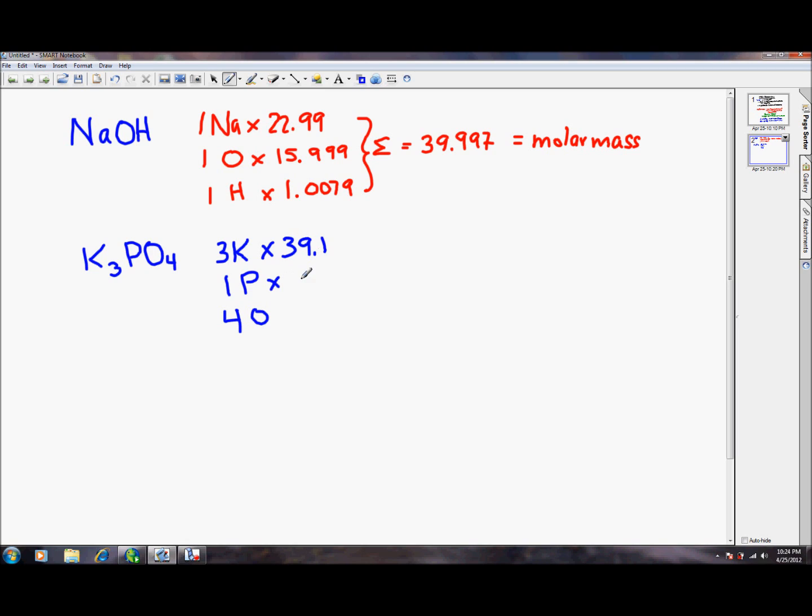P is 30.97 approximately. And O is 15.999. I'll reiterate again that I'm using a periodic table that's a little bit different from the one I normally use in class, so you'll see some minor variations in the molar masses.